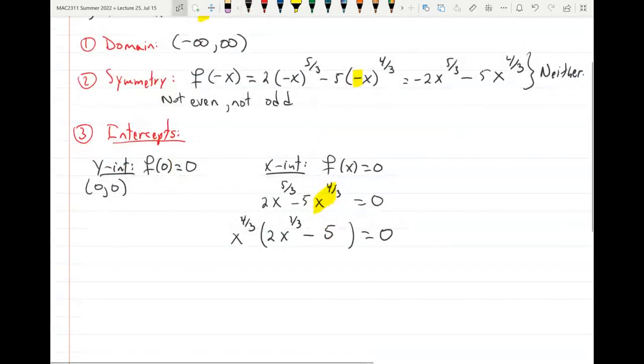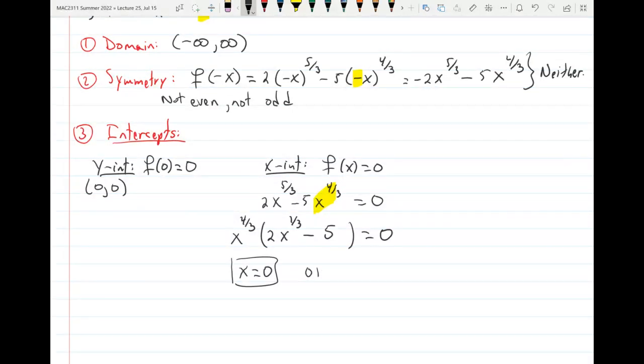Okay, so now using zero product rule, we get two solutions, right? So x to the 4 over 3 equals 0. That means x is equal to 0. So that's one x-intercept. And then another solution is x to the 1 over 3 equals 5 halves, right? So that means that x, by cubing both sides, is going to be, what is it? 125 over 8. That's 5 cubed over 2 cubed.